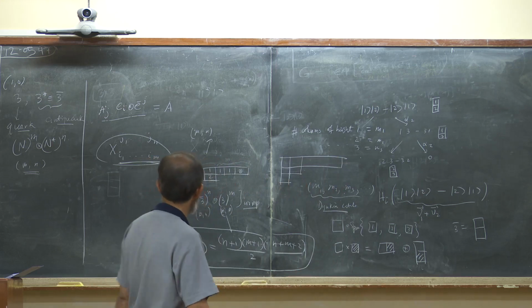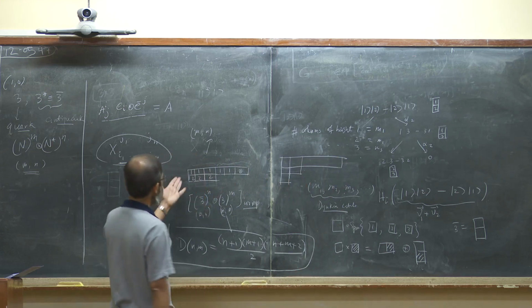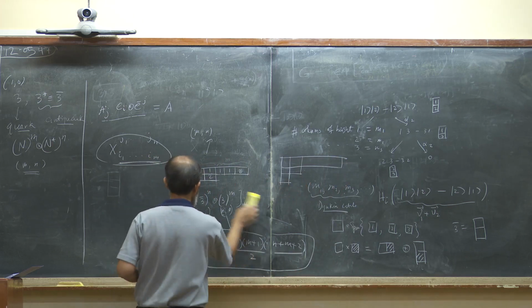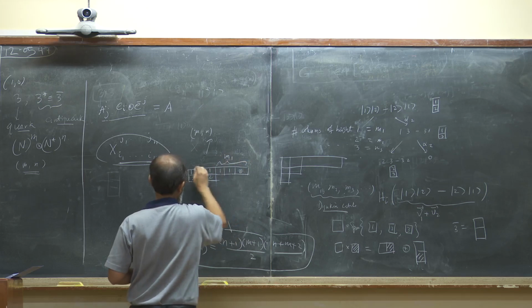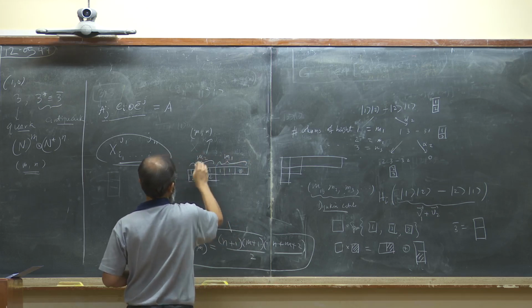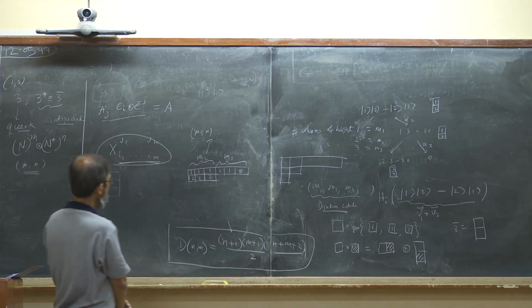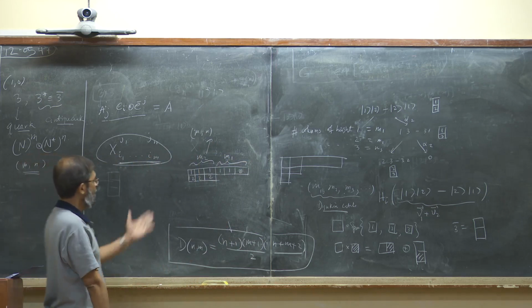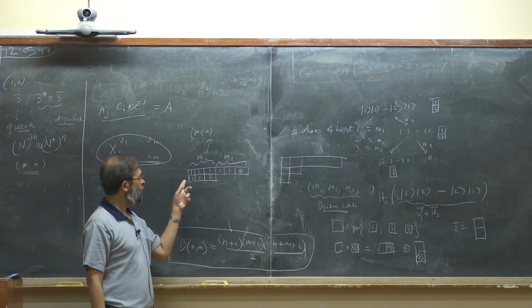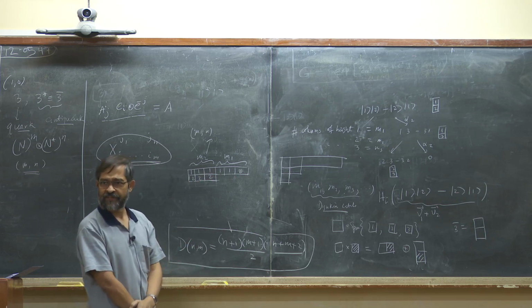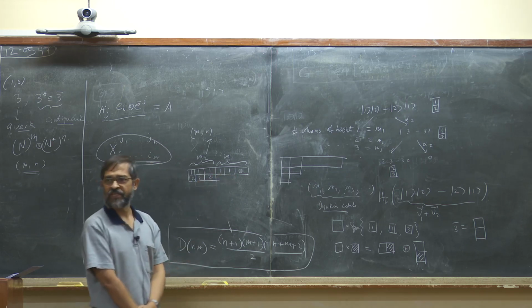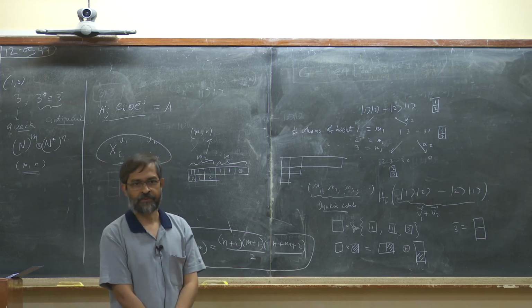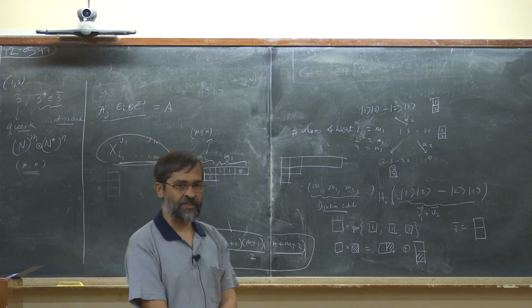Now it's clear that this is m1 and this is m2, which we have called m and n. It is very easy to convert this information into number of boxes in each row. So that's called Young diagram data.